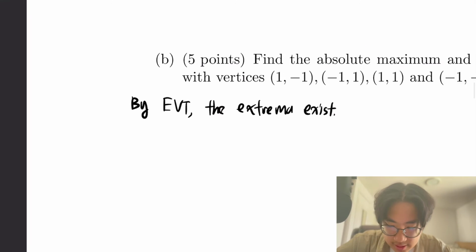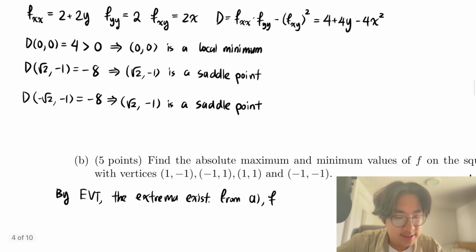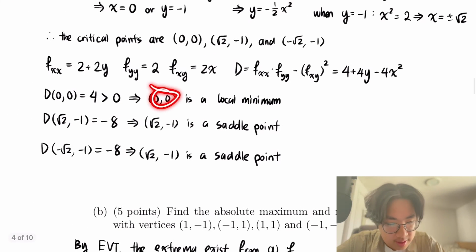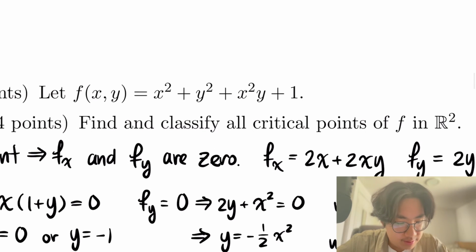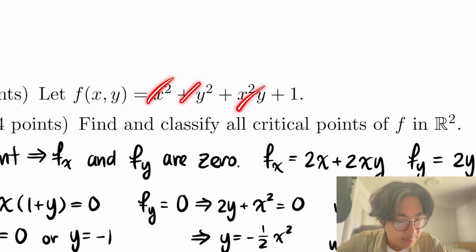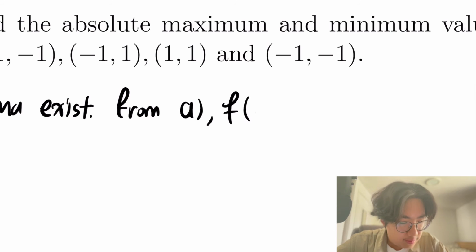Okay, so from part A, I didn't evaluate it, but we can evaluate each of these points. Only (0, 0) is the relevant one. So plugging in (0, 0) here, these all go to 0, and you're just left with a 1. So f(0, 0) is just equal to 1.